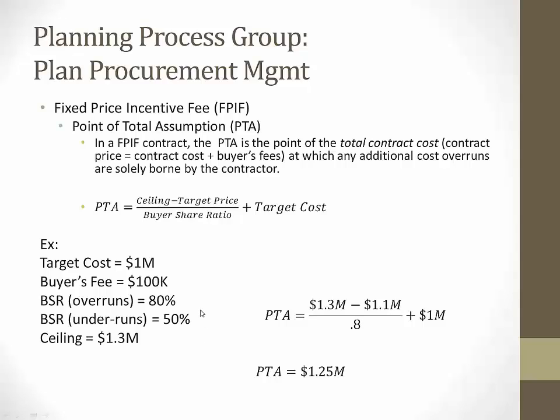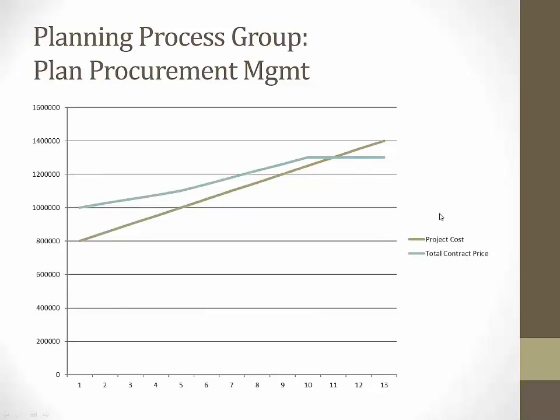Now I'm going to explain that so you understand it a little bit better. Here's a graphic of what the previous example would look like, and it illustrates the idea behind the point of total assumption. There are some significant pieces to discuss on this chart, and they each correspond with either an intersection or a change in slope. The first, with a relatively flatter slope, shows where you are sharing in the cost underruns at a different rate than the overruns.